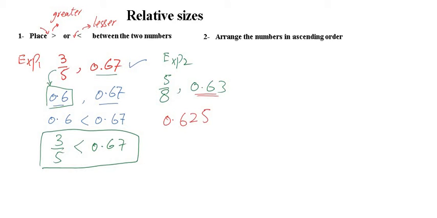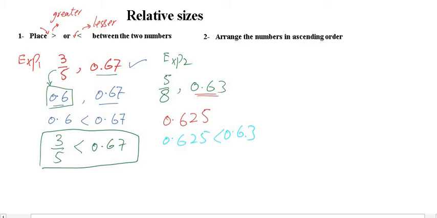So 0.625 is smaller than 0.63. But again, please don't say this is the answer. We go for our original statement. In the original, one is given as a fraction and the other as a decimal. So the required order is 5 out of 8 is smaller than 0.63. This is your answer.